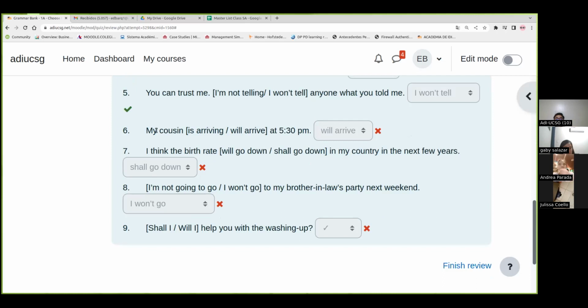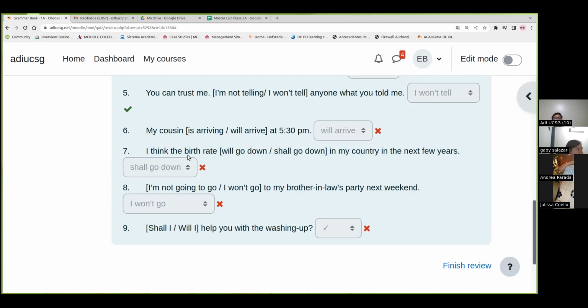In number 6, my cousin is arriving or will arrive at 5:30 p.m. It's a very specific time. If it's very specific, you use ing or you use going. You do not use will. Will is not specific. Ing is specific.